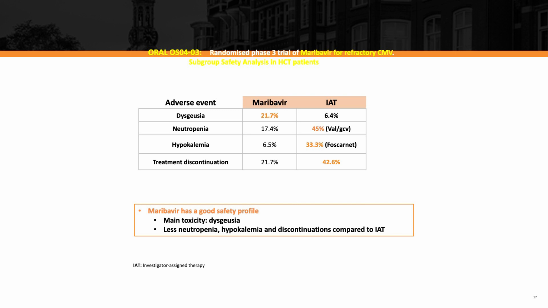Nearly all patients taking it report some taste disturbance. So, good news: maribavir is licensed by the FDA, not the EMA. It's a good choice for those with a refractory infection.